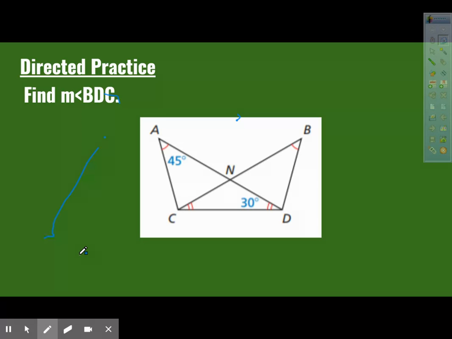Wait, whoa, wait, okay. BDC, that whole triangle is 180, so you could just add 45 and 30 and get that third angle for D, right? And then you just have to subtract the 30. Okay, are you saying this big triangle here? What if I did this right here? Stop.